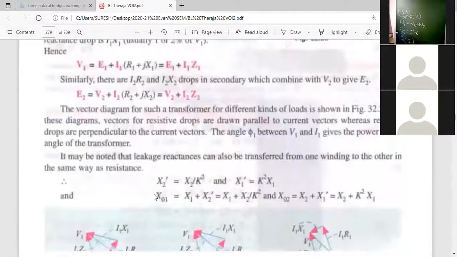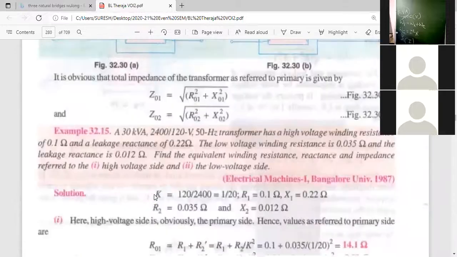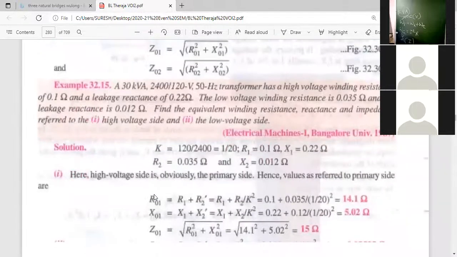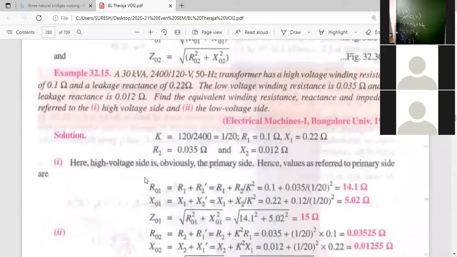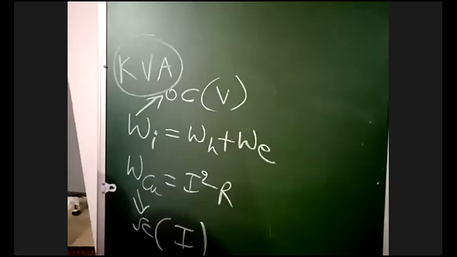I am not finding it in the textbook. I will tell you why the transformer rating is in kVA.